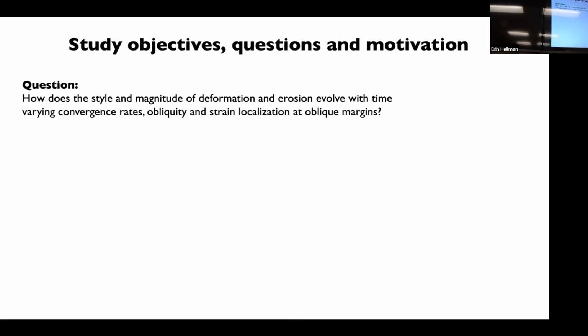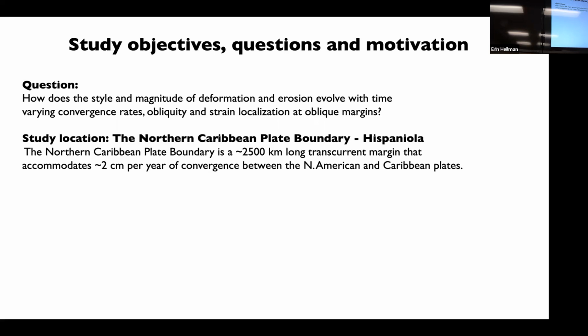Our study question is based on oblique collision, where you have a convergent tectonic margin but with some angle of obliquity to that margin. We're interested in how that margin evolves when you have changing obliquity or changing convergence rates or other complications through time, and how that affects the evolution of strain localization at these oblique margins.